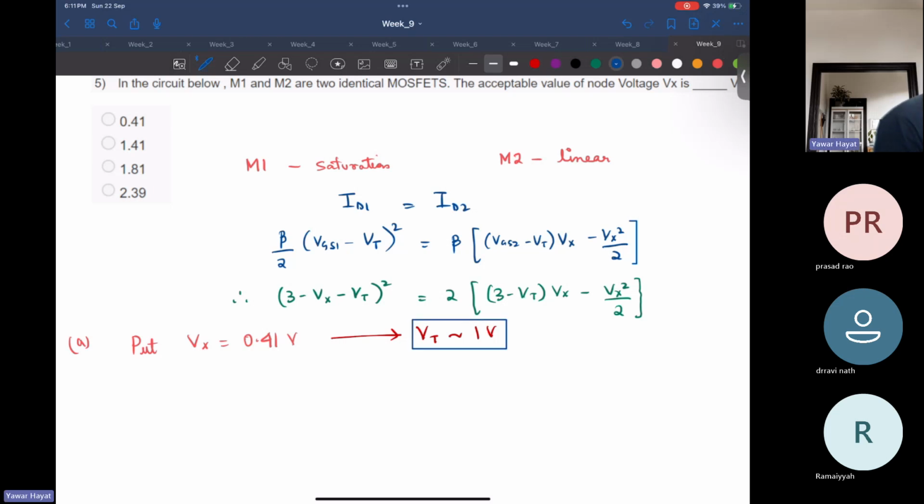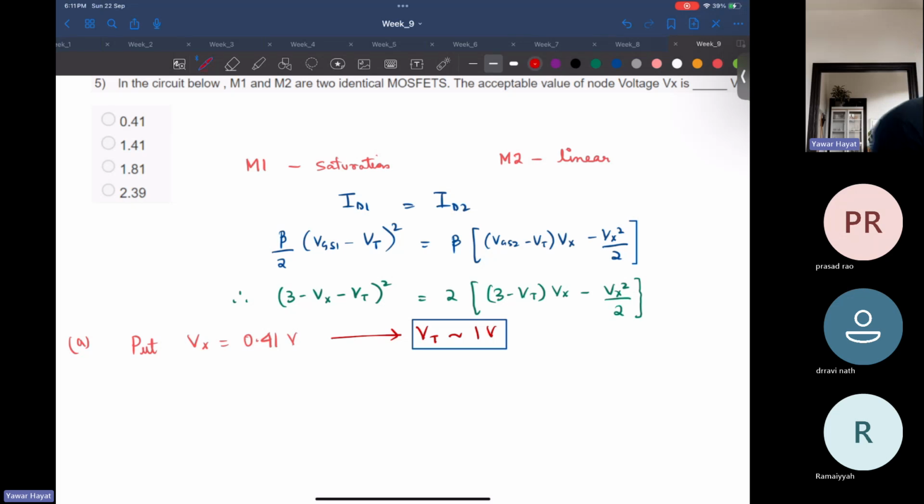And if I use Vx as 1.41 volt, I'll get a VT that is complex, that has an imaginary part. So I cannot use this one.